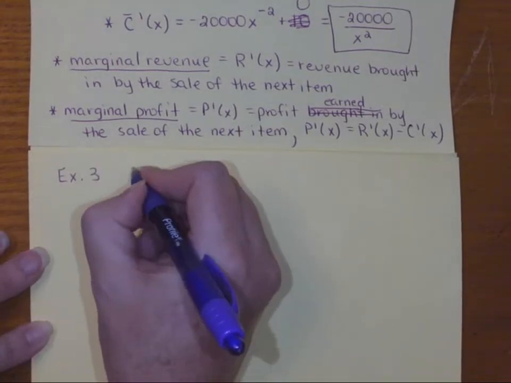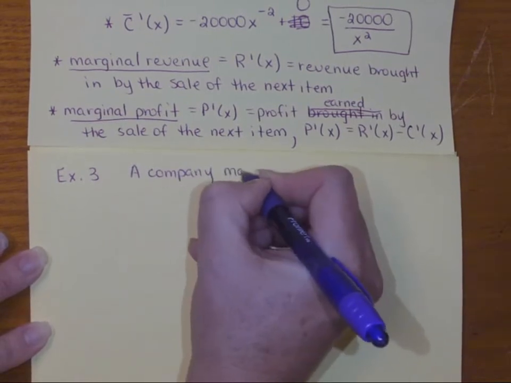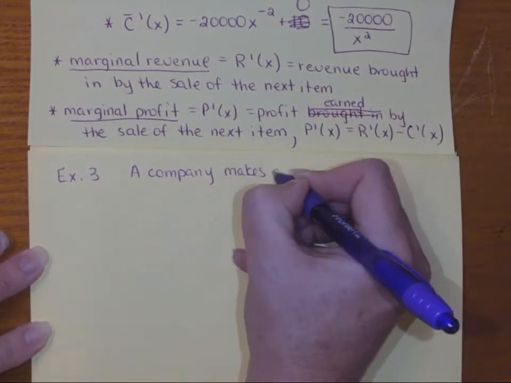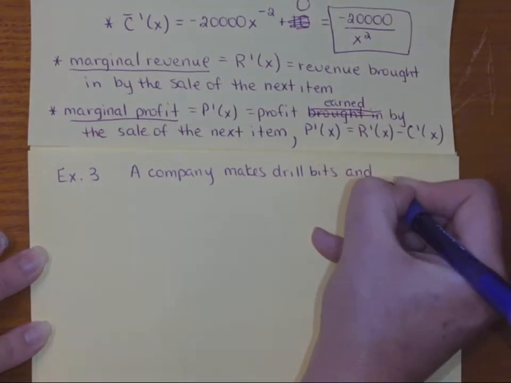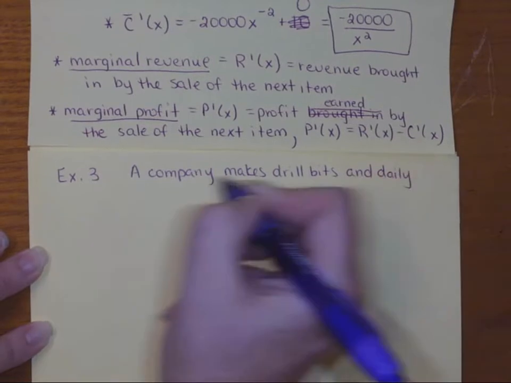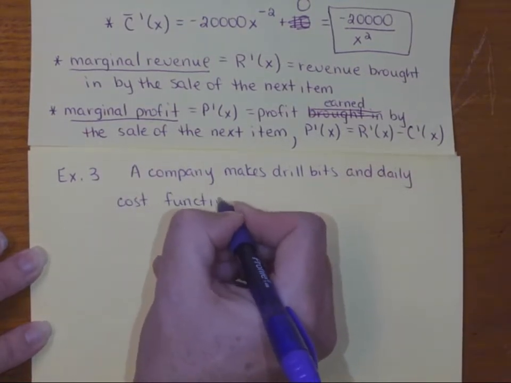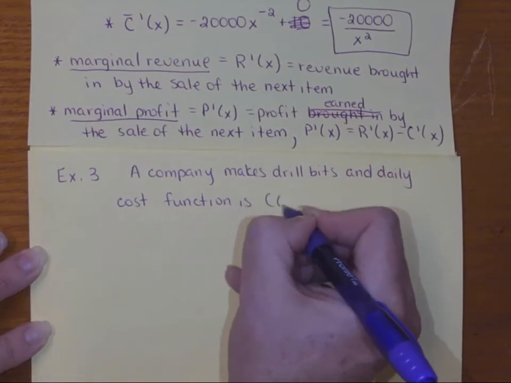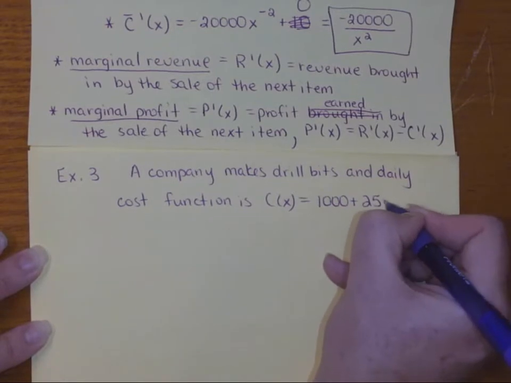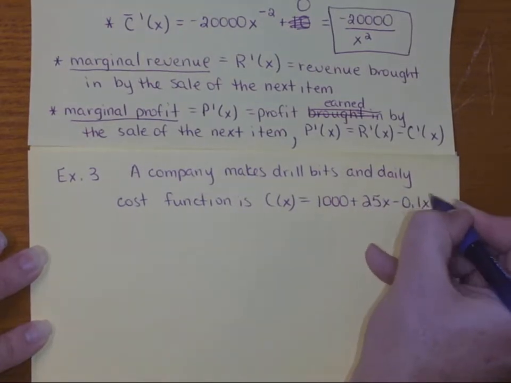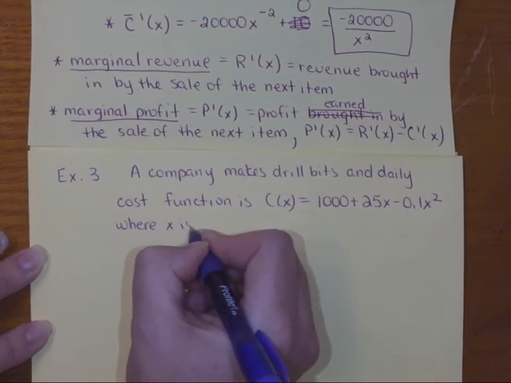All right, so let's look at a couple application problems here. So a company makes drill bits. And let's say that the daily cost function is C of x equals 1,000 plus 25x minus 0.1x squared, where x is the number of drill bits.